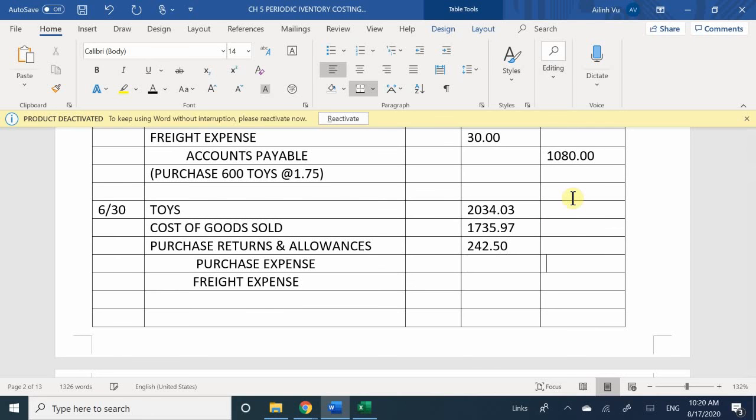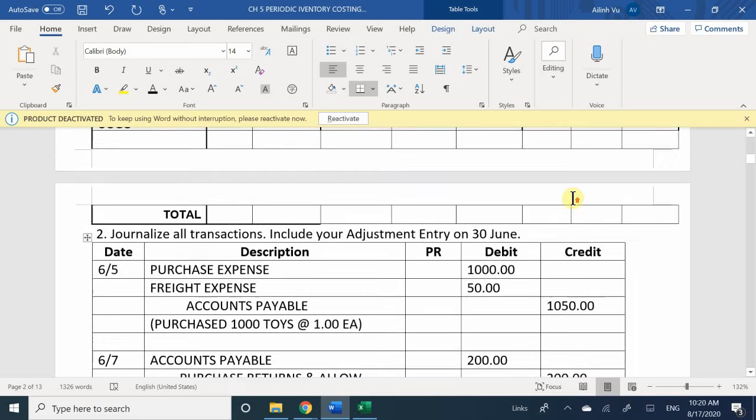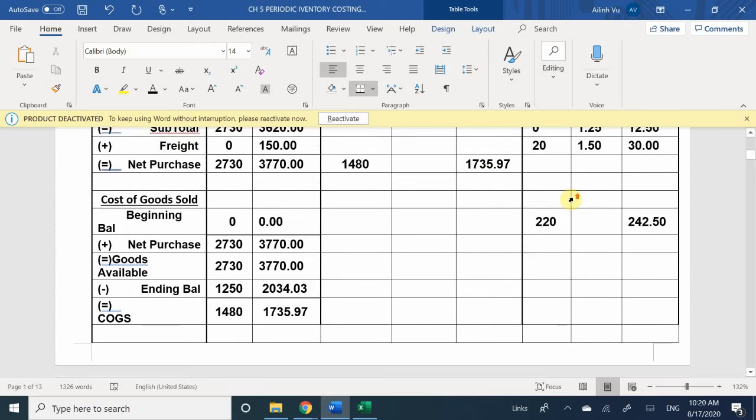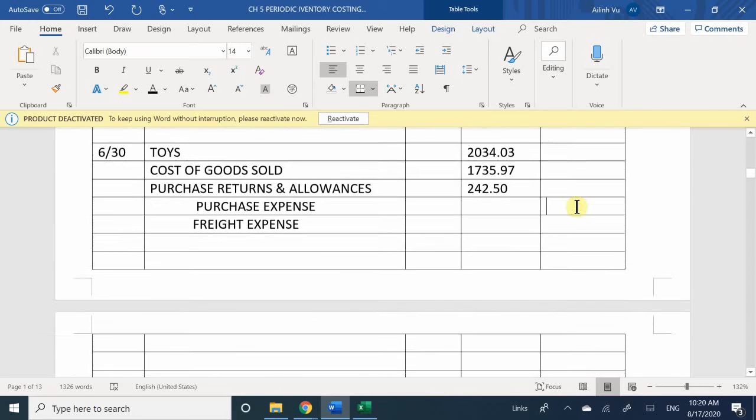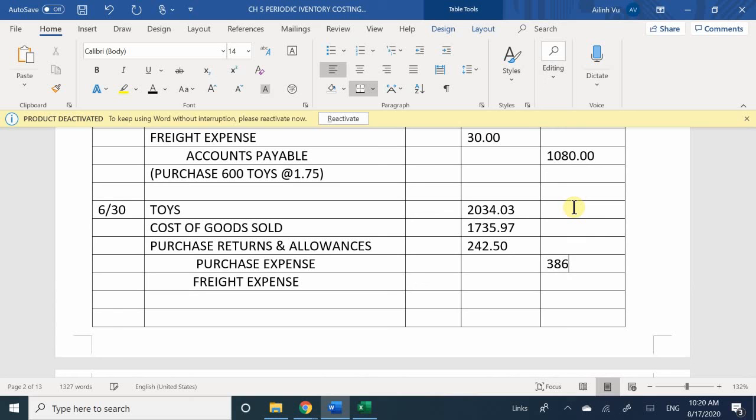And what is my total purchases up here? 3862.50. Yes. And what is my total freight here? 150. All right, add up your debits and credits, and they should match.